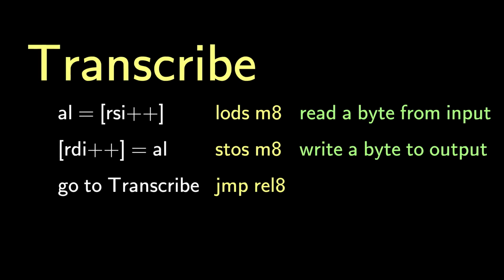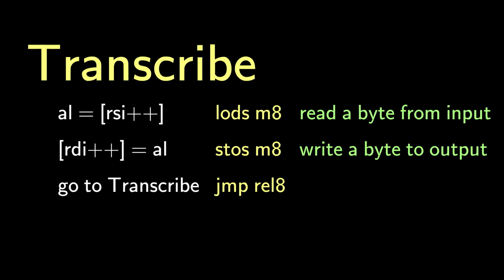For the binary interpreter, here's a loop that deals with a stream of bytes. We fetch a byte from the input stream, we write that byte to the output stream, and repeat. The byte itself goes in register AL. If we want to do something with the byte, we can insert more instructions between instructions load and store. Register RSI points to the source of these bytes.